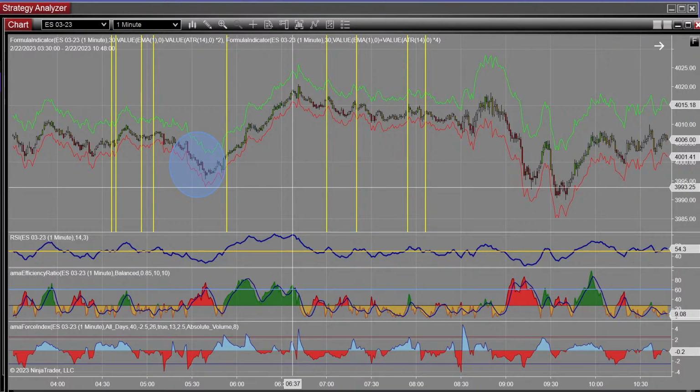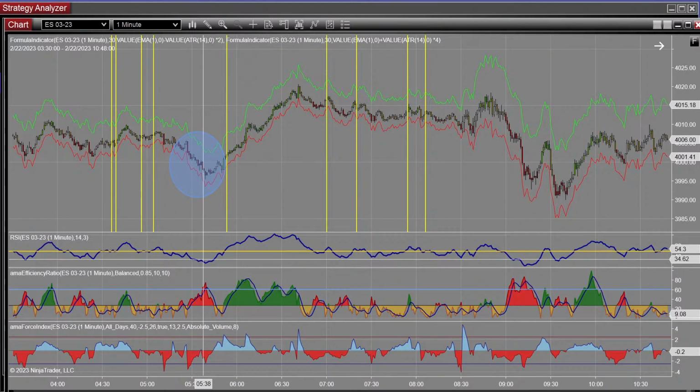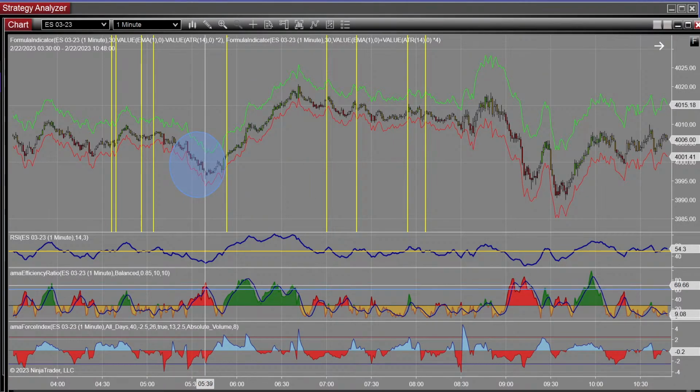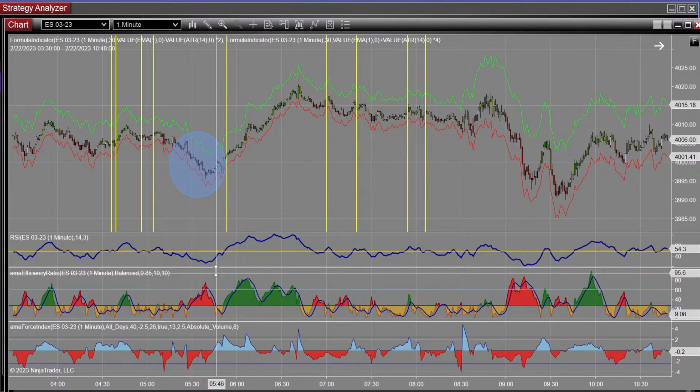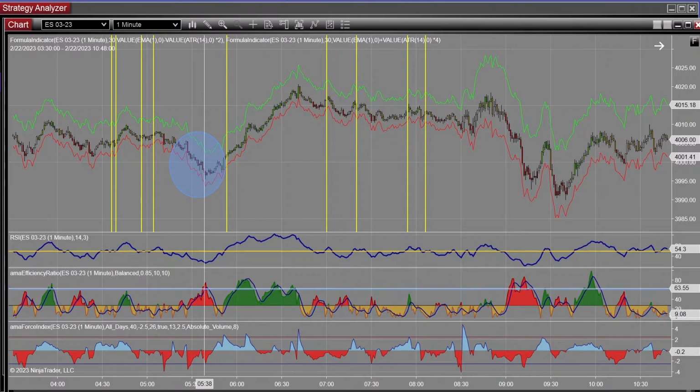Given the indicators we already have, it looks pretty clear as day. We have the efficiency ratio crossing above 60, because that doesn't happen anywhere else. So maybe efficiency ratio crosses above 60.